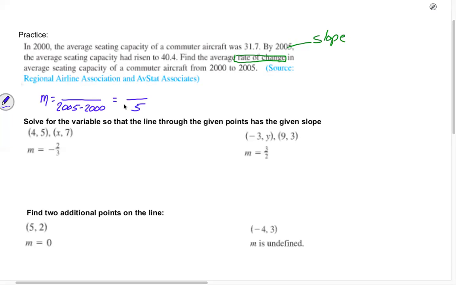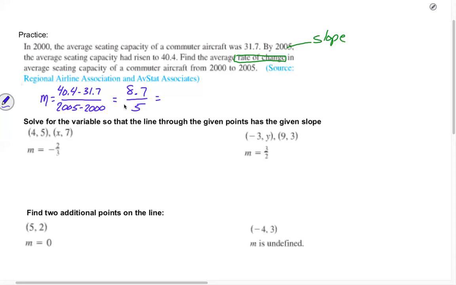Now, in 2005, it was 40.4. In 2000, it was 31.7. We subtract those and let's see what we get. What is that? 8.7? You guys have 8.7. 8.7.